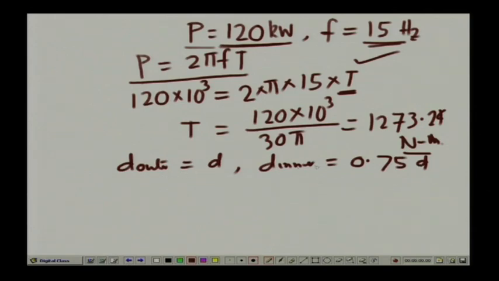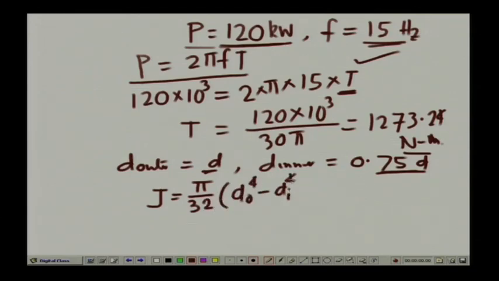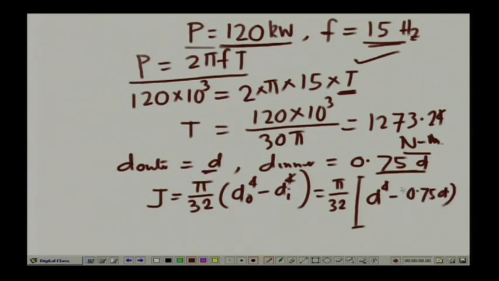So, if these are the values of the shaft, d and 0.75 d, then the value of the polar moment of inertia j is equal to pi by 32 times d outer to the power 4 minus d inner to the power 4. So, this is equal to pi by 32, and d outer here is d, so d to the power 4 minus 0.75 d to the power 4.